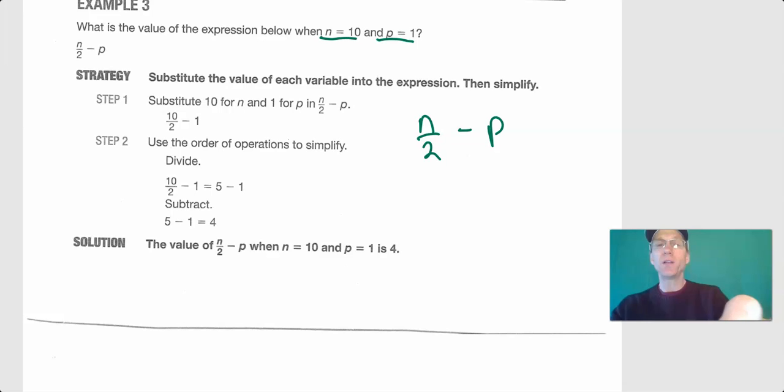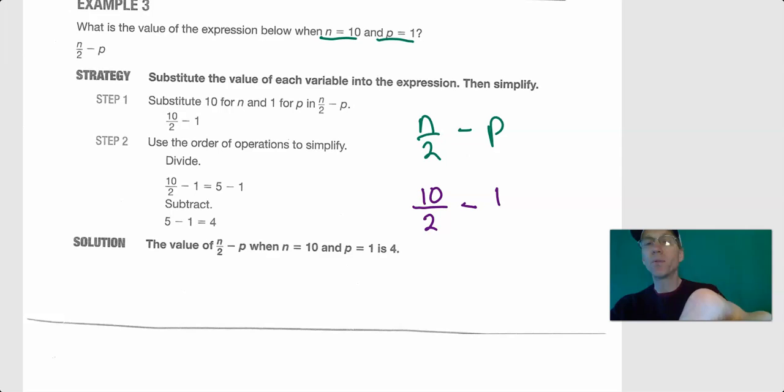And this one, we're just going to say, okay, well, when n equals 10, all you do is say, well, let's put 10 divided by 2, or 10 over 2, and then when p equals 1. Okay, we're still going to have our order of operations.